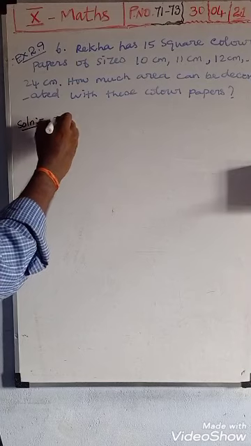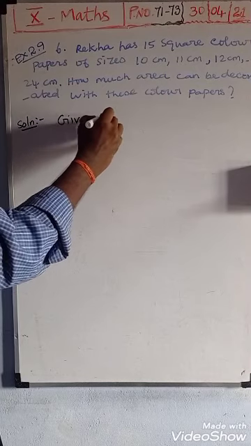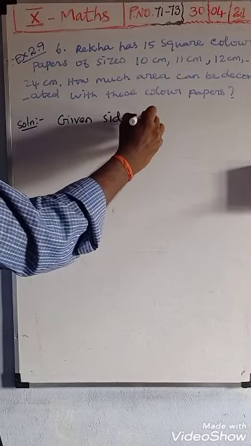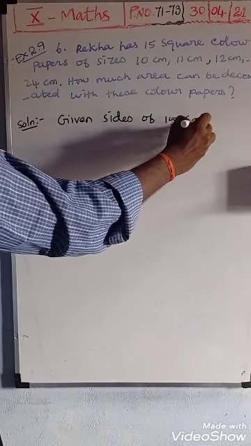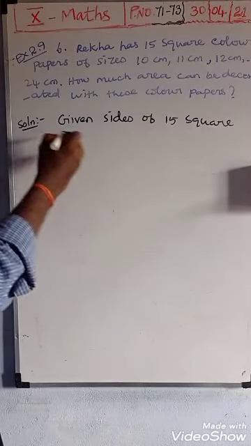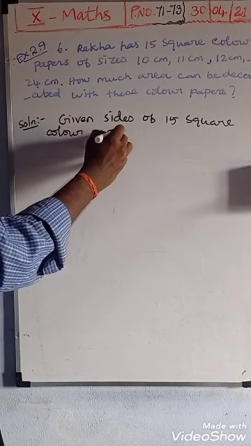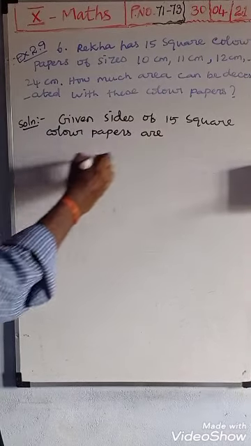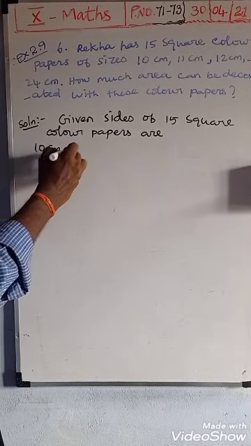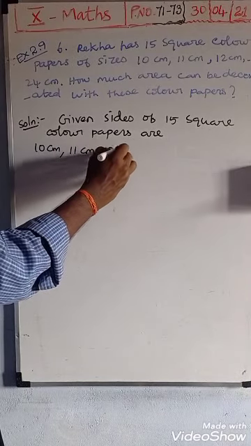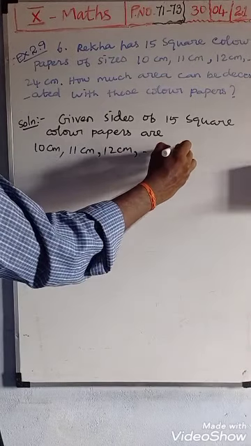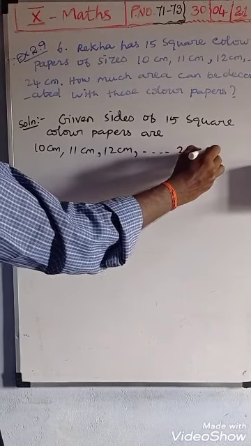Given the sides of the 15 square color papers are: first one is 10 centimeter, 11 centimeter, 12 centimeter, up to 24 centimeter.